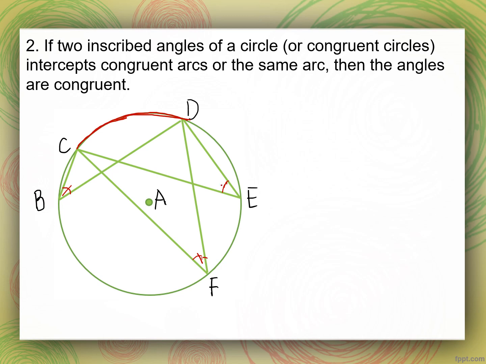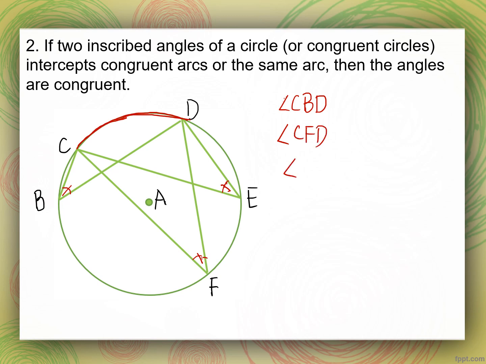It's also easy to find out by checking the name of your angle. So let's write the names of the angles here as a guide for you also. We have angle CBD. The other one is angle CFD.